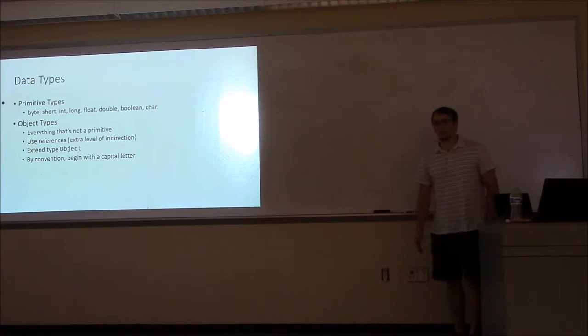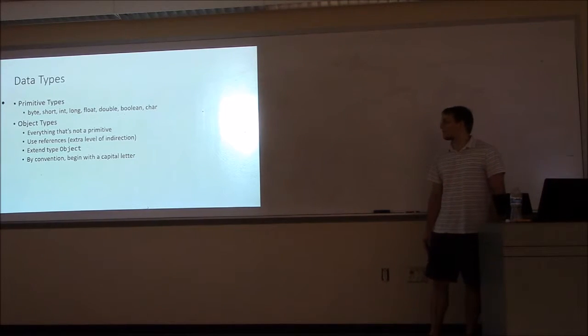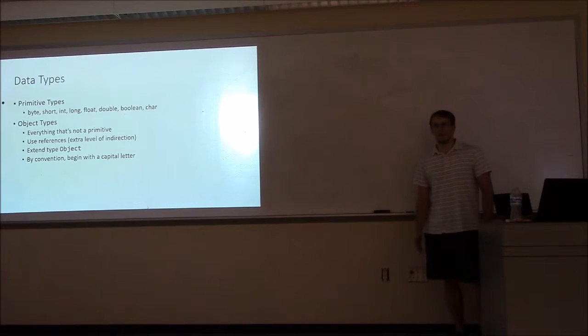So data types in Java, there are two categories of types, primitive types and object types. There are exactly 8 primitive types, which are listed there. And then there are object types, which is everything that's not a primitive. So the main difference between primitive types and object types is that objects are references, which requires an extra level of indirection.